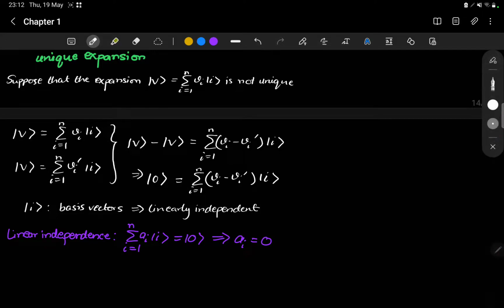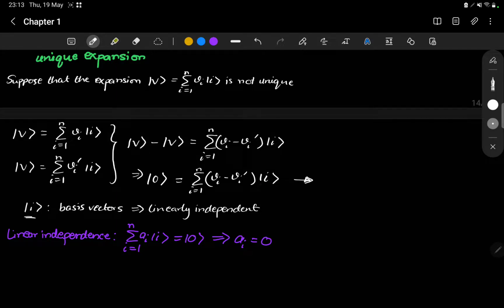Now, since our basis vectors are linearly independent, that means all the coefficients in this particular expansion should be 0, because we have the basis vectors over here and we have the null vector.